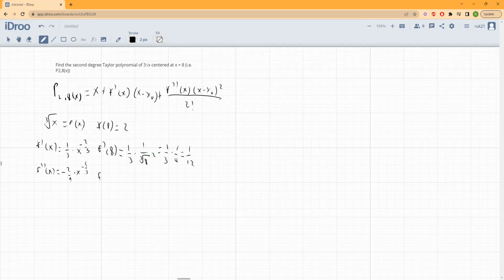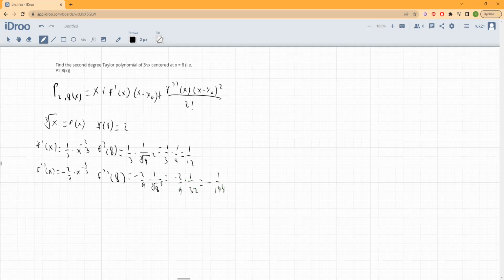And finally, f double prime at 8 is equal to negative 2 over 9 times 1 over cube root of 8 to the power of 5, which is negative 2 over 9 times 1 over 32, which is negative 1 over 144, because you get 9 times 16.